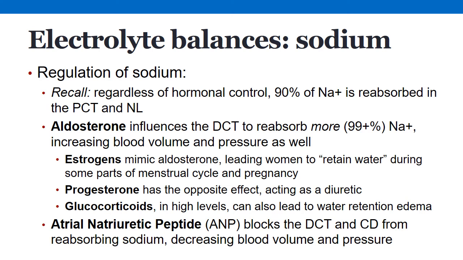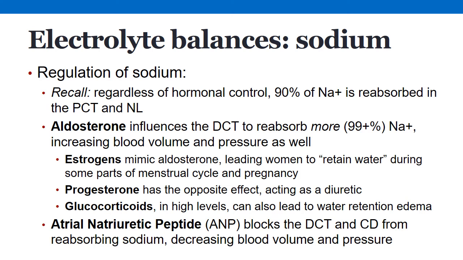Glucocorticoids in high levels can also lead to water retention edema, which is why glucocorticoids, as we'll learn in the next chapter, are very important stress hormones. And that's why prolonged stress can lead people to feel edemic and bloated and to retain water.